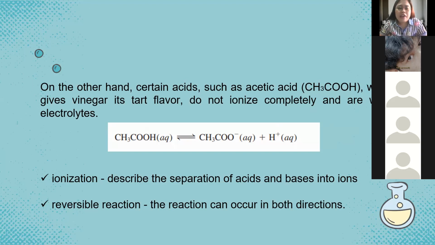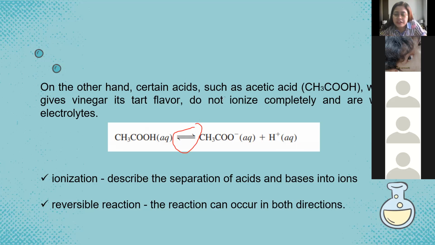And meron tayong tinatawag na reversible reaction. Pag sinabing reversible reaction, these are the reactions that can occur in both directions. So kapag nakakita kayo ng chemical equation na ang arrow na ginagamit is ganito, that is what you call the reversible reaction. Okay? This one, this arrow.